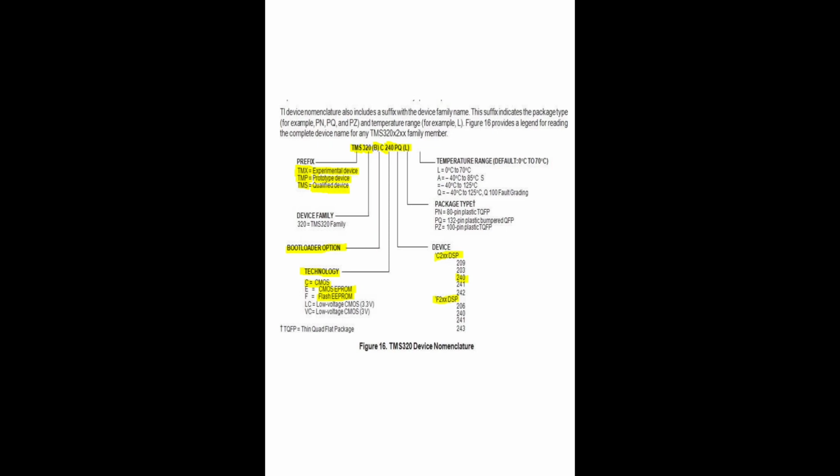That core has various architectures. So 209, 203, 240, 241, 242 are all having a similar kind of architecture. Then 206, 240, 241, 243 are all having another type of architecture, the F2XX DSP.